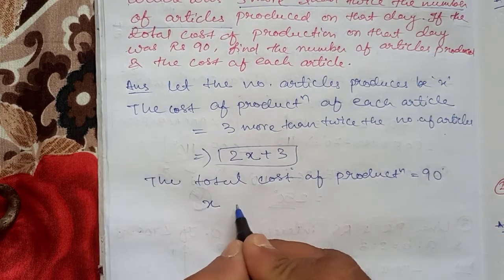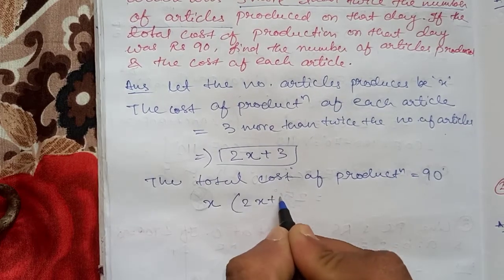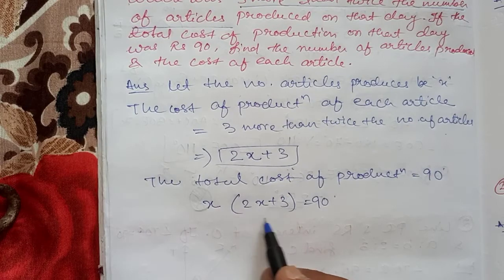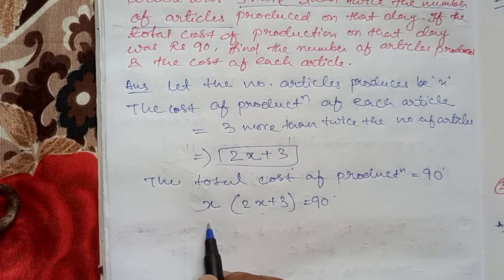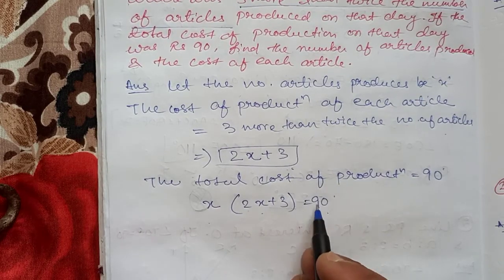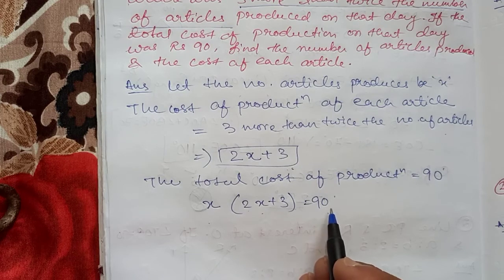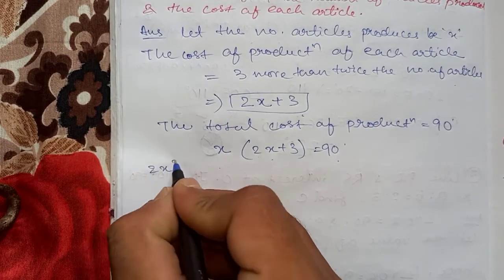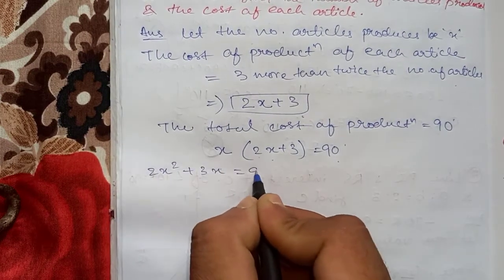That means x into 2x plus 3 will give us 90, because this is the number of articles and this is the cost of each article. So cost into number is 90. So we get x into 2x plus 3, that is 2x square plus 3x equals 90.